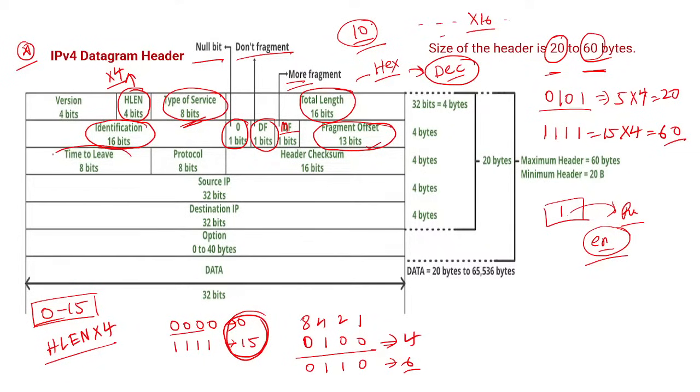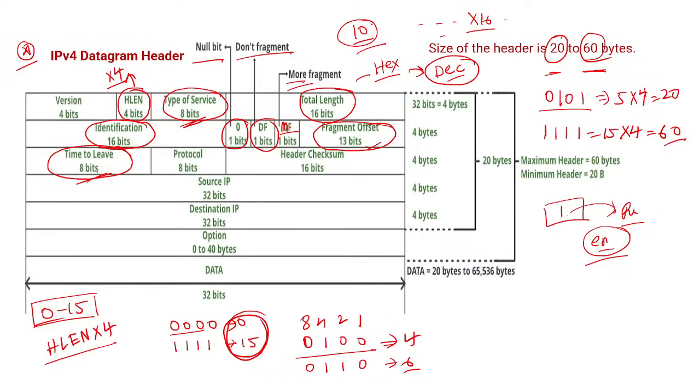Next one is time to live, meaning the total time allocated to the packet. After that time it has to leave the system. Unlimited time cannot be allocated to any packet, because it will create traffic congestion.